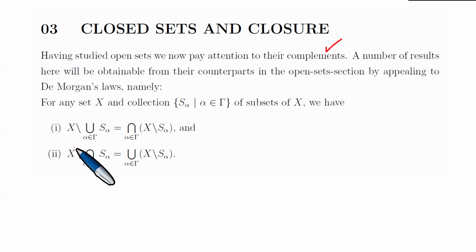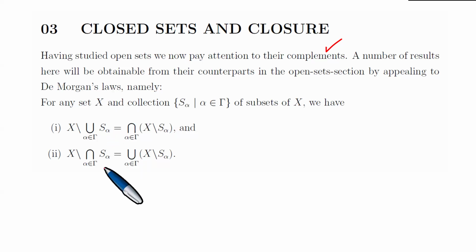of X, we have that the complement, which is X minus the union of the S alpha sets, becomes the intersection of the complements. But also, if you take X minus the intersection, it is the same as the union of the complements. And this is called De Morgan's laws.